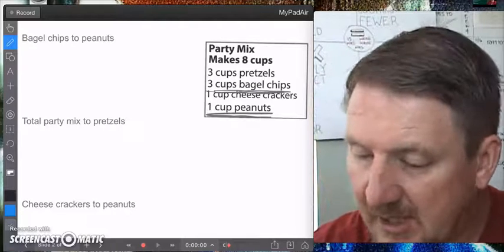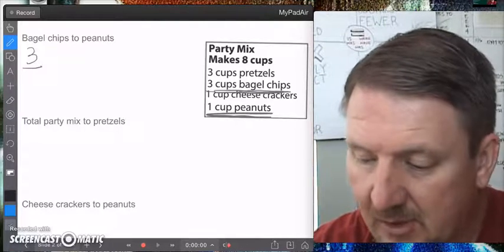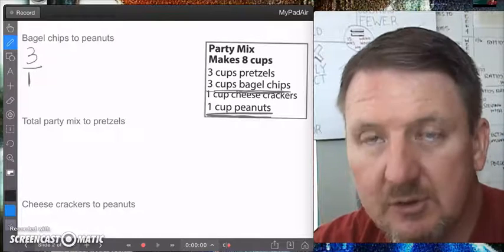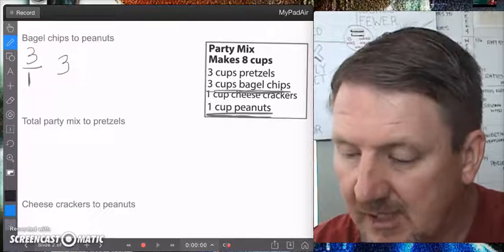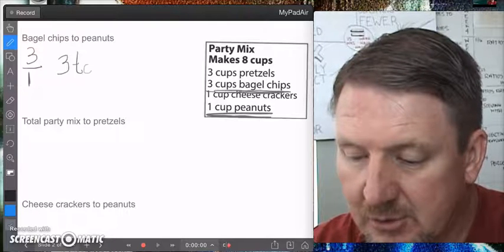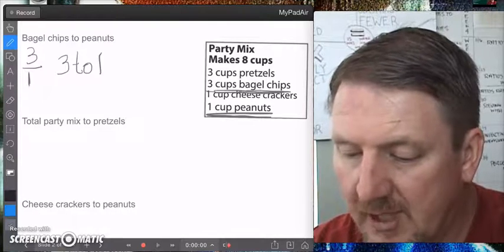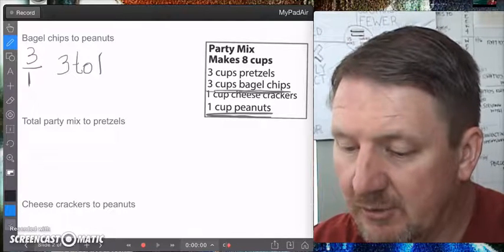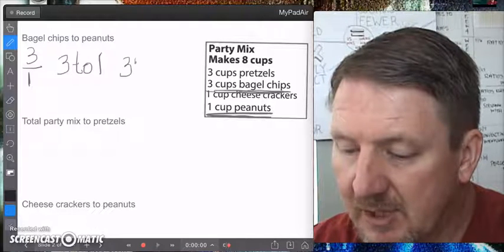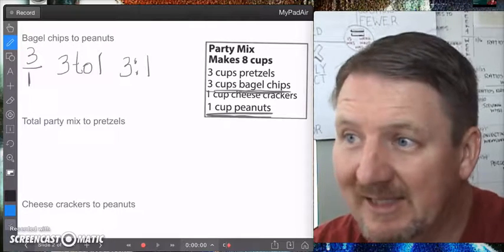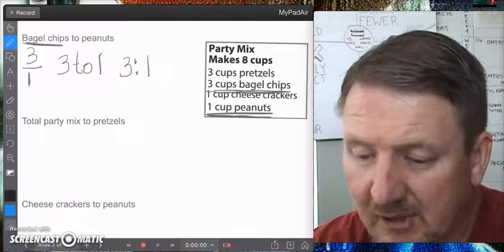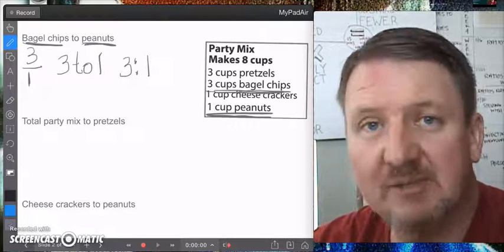So I can say as a fraction, 3 cups of bagel chips to 1 cup of peanuts. If I were to use the word to, I can say 3 cups of bagel chips to 1 cup of peanuts. If I were to use the colon, I would say 3 cups of bagel chips to 1 cup of peanuts. Notice that I'm using the bagel chips first, and the peanuts is my second number.